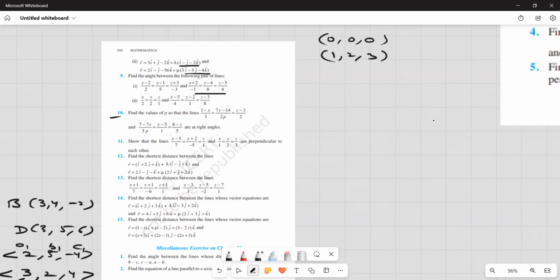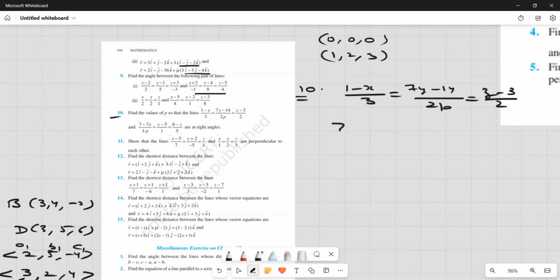Now for question number 10, first you need to check whenever you are doing any question. In the previous question, it was already x, y, z, 1, 1, 1, so I didn't mention that. Here if you see, this is 1 minus x by 3, 7y minus 14 by 2p, z minus 3 by 2.